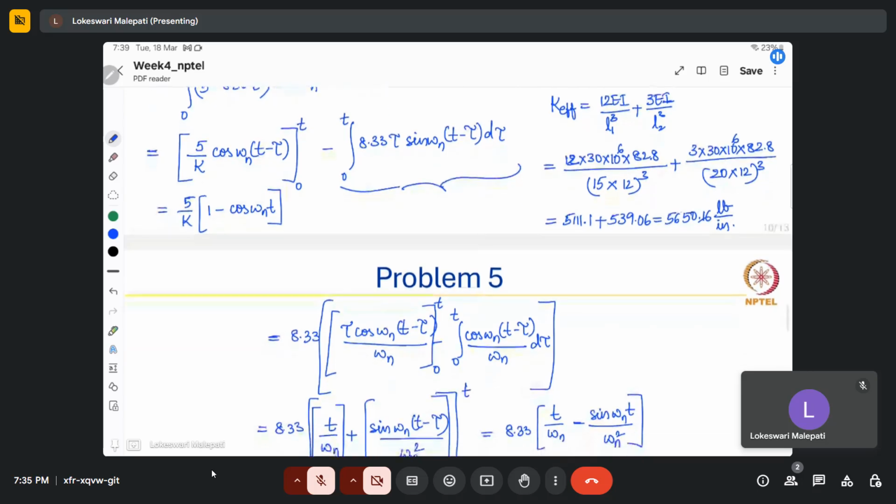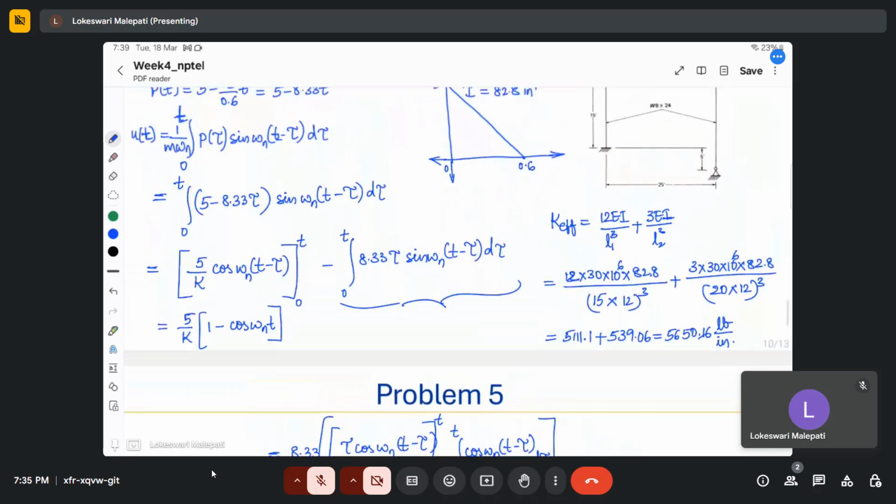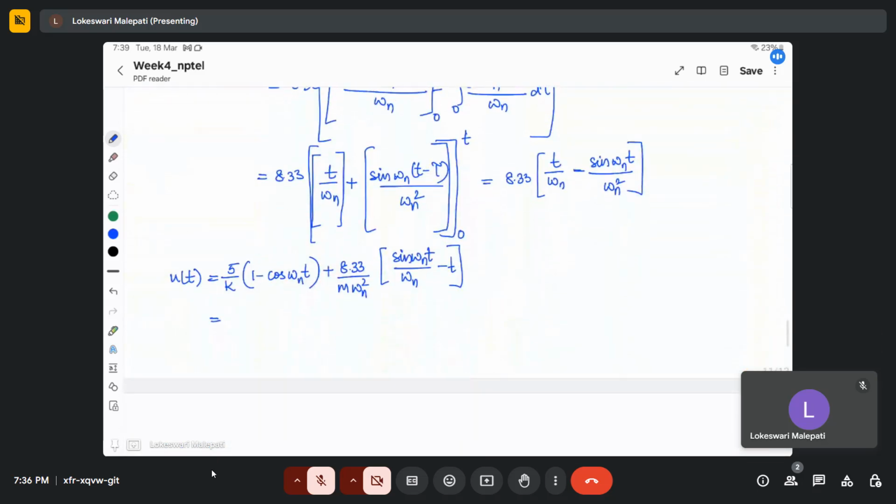This is the K value, and we also need to find the angular frequency omega n. The weight is given as 20 kips, that means 20,000 pounds.